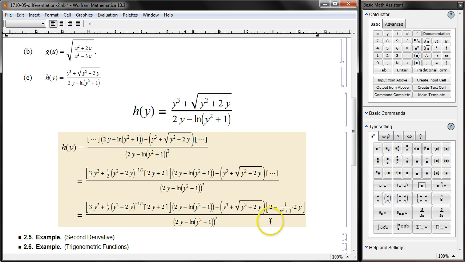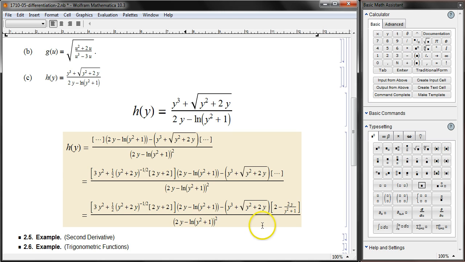And I'll say this completes the problem. You can simplify if you want to a little bit, especially the last one over here, multiplying by 2y. So multiplication goes to the numerator like this. And that's about it. Any further simplification, I don't think that is necessary. I think it's better not to.